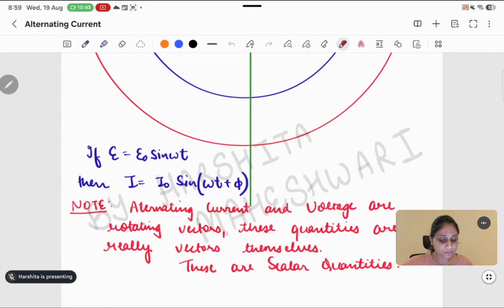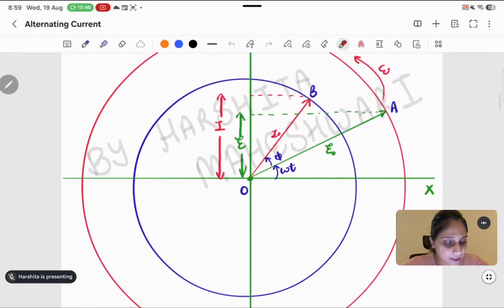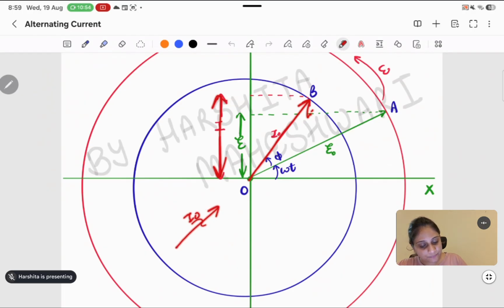Now, if I have to take I naught, this is I naught, and I have to take the vertical component again. If this is my I naught, this is my whole angle omega t plus phi. This was omega t, this is phi. So as a whole, it became omega t plus phi.